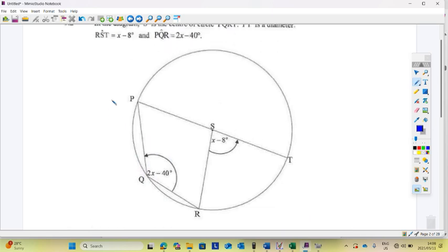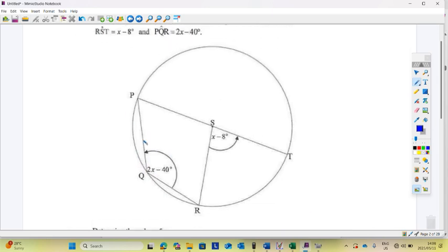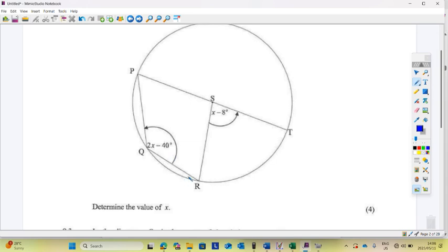You should always give reasons in Euclidean geometry. How do you do that? I'm seeing two ways of doing this. The first one, we can construct chord RT here. If we construct chord RT, we can get this angle here. We have a cyclic quadrilateral PQRT.